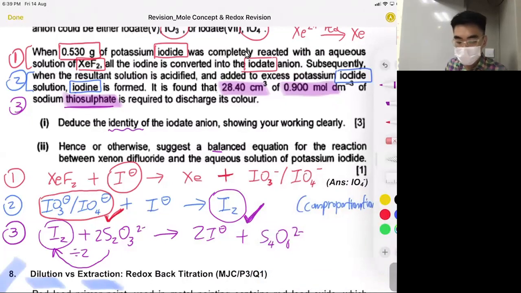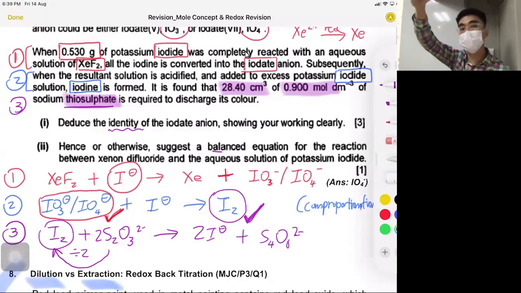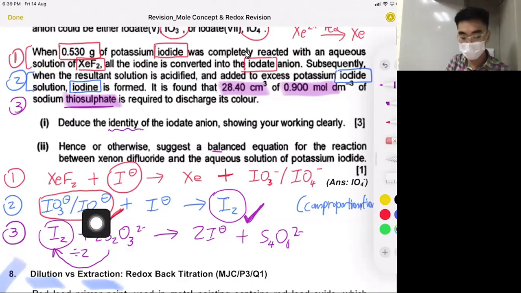So if you are doing this question, number 2, can I ask you to apply what you've done in question 4? Question 4, just now you all did, the disproportionation one. You created 2 half equations to combine. Do you need to create 2 half equations here? You need to. You need to create 1 half equation for iodide to I2 and another equation for I minus to I2.